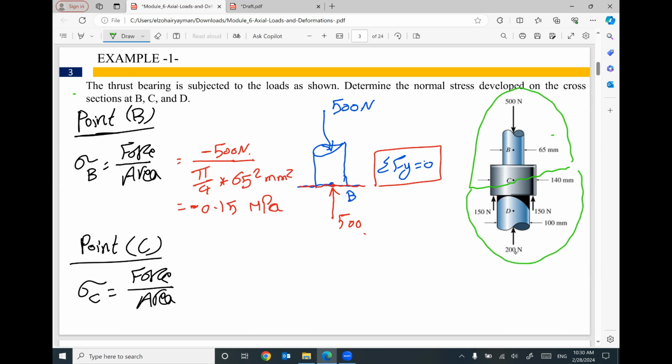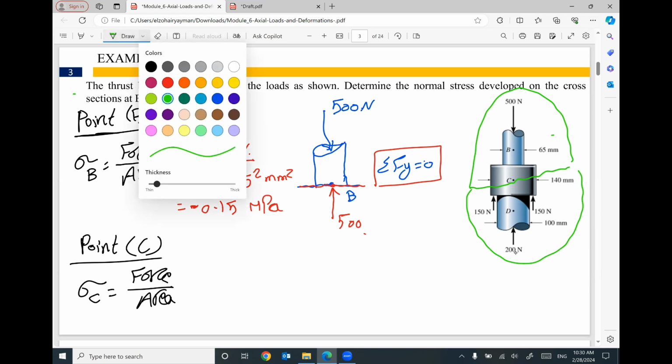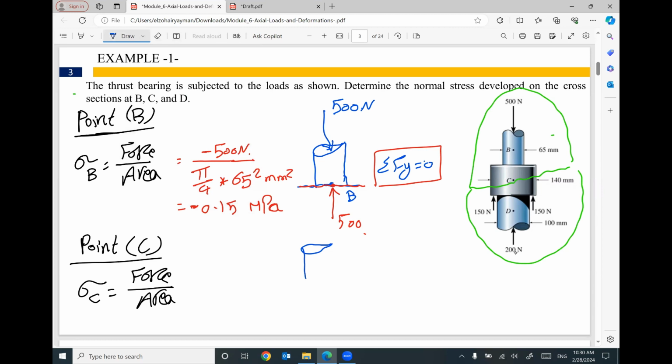It's up to you. Both of them will give you the same answer. So I will use the upper part. We have this part, and I did a cut in this part at point C. Here is point C. What do you have on the upper part? I have the applied force here, 500 Newton. Do you have anything else? No, we don't have anything else on the upper part except this force.